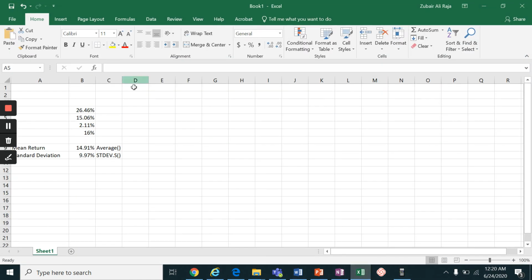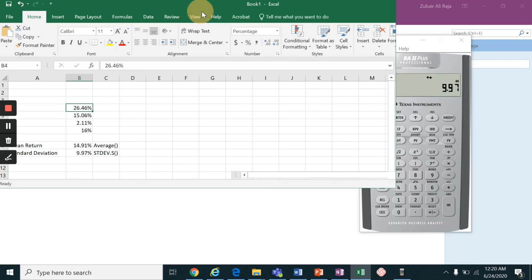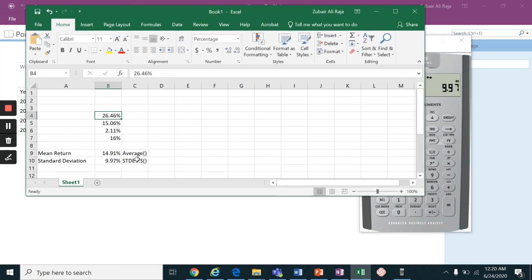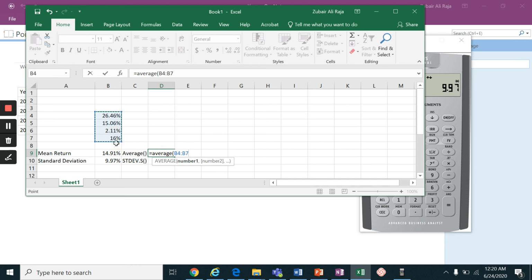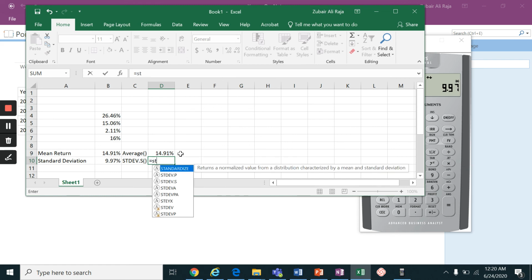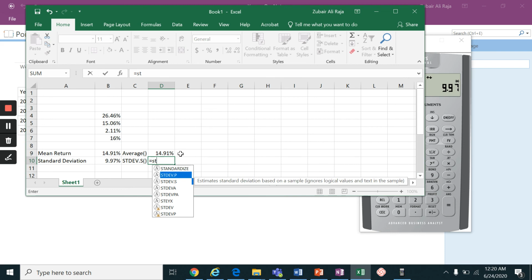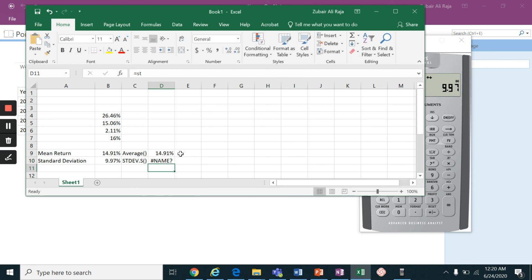Finally, in Excel, you will simply plug in all these percentage numbers, and then use the average function. So is equal to AVERAGE, and give the parameters, these numbers over here, enter. You get 14.91%, which is the mean. Now the standard deviation: remember, it's STDEV sample.